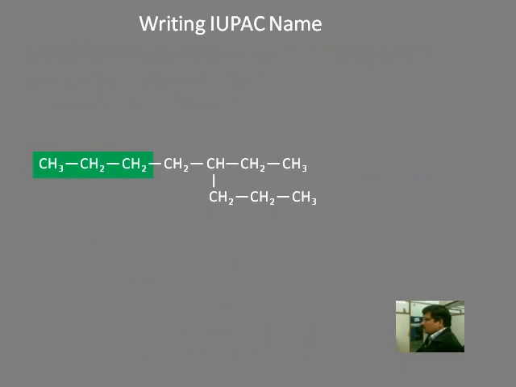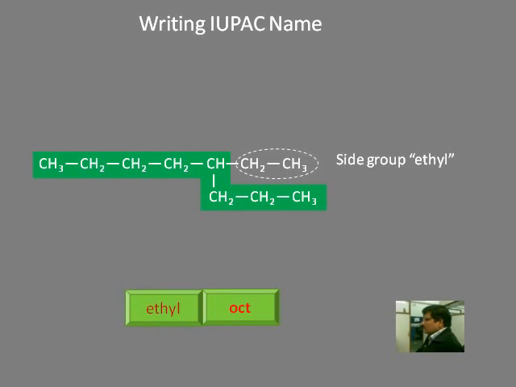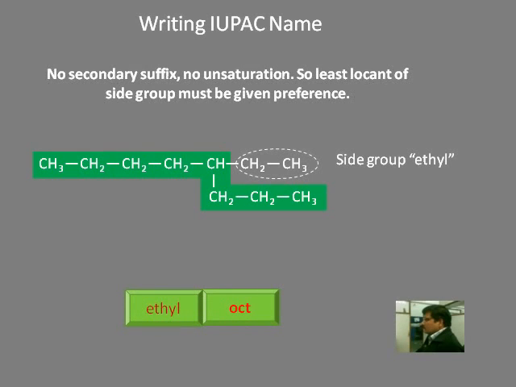See another example. This is the molecule, principal chain. 8 carbons, so therefore the word root is oct. This is an ethyl group. Ethyl is the prefix. There is no secondary suffix or unsaturation. So the least locant of the side group must be given preference and the primary suffix used will be ane.